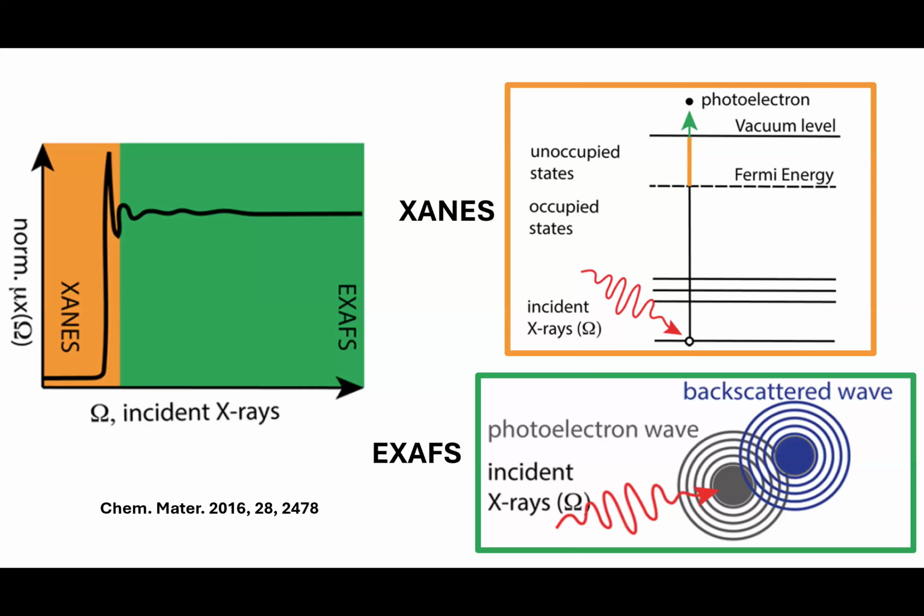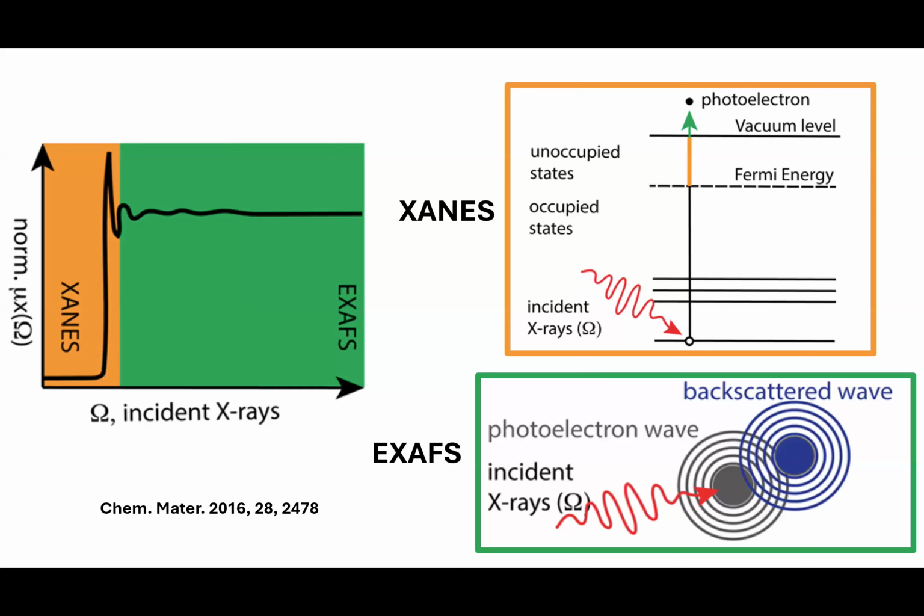Okay, so this is the whole range of our excited electron, from the core state, gradually first to unoccupied state, still bound, then to vacuum, and then to photoelectron propagating and backscattering, modulating the absorption coefficient.